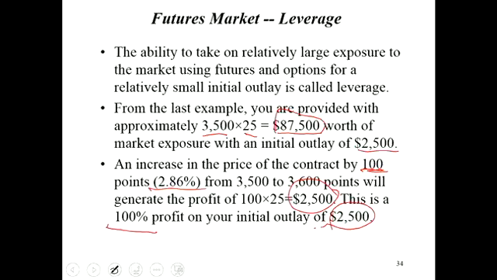So you basically amplify the gains and losses of the underlying asset. A 2.86% rise in the market, if you're on the long position, will give you a 100% return on your investment. If you get it right, you can make money real fast. If you get it wrong, you can lose it just as fast. So, high risk stuff here.